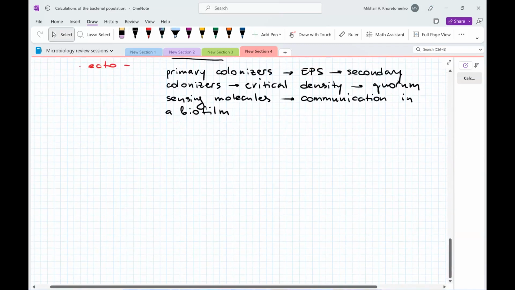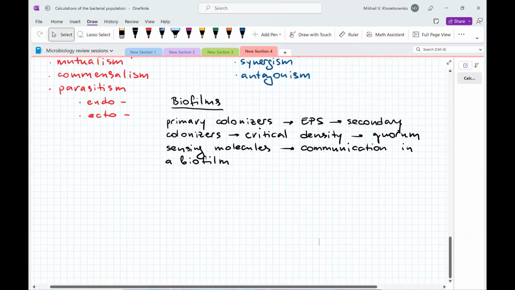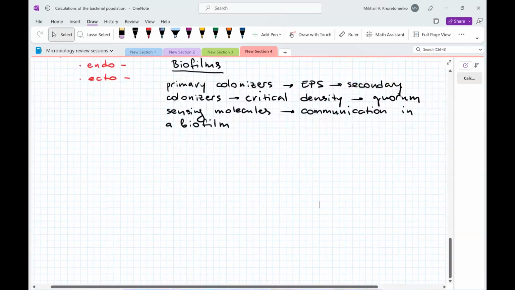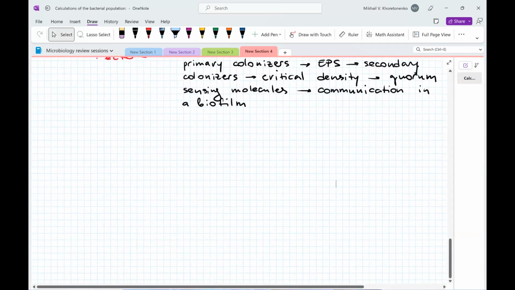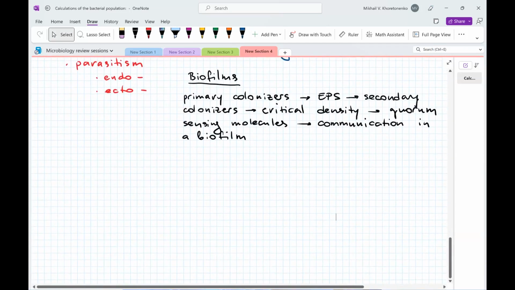Question so far? And you said understand the process of biofilm. This is as far as it goes. What I'm saying is, if you just memorize this schematic, it may be hard for you to answer the questions.